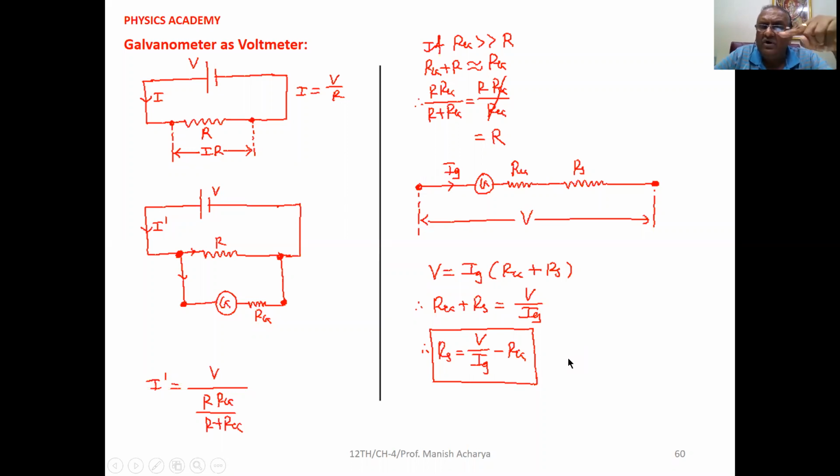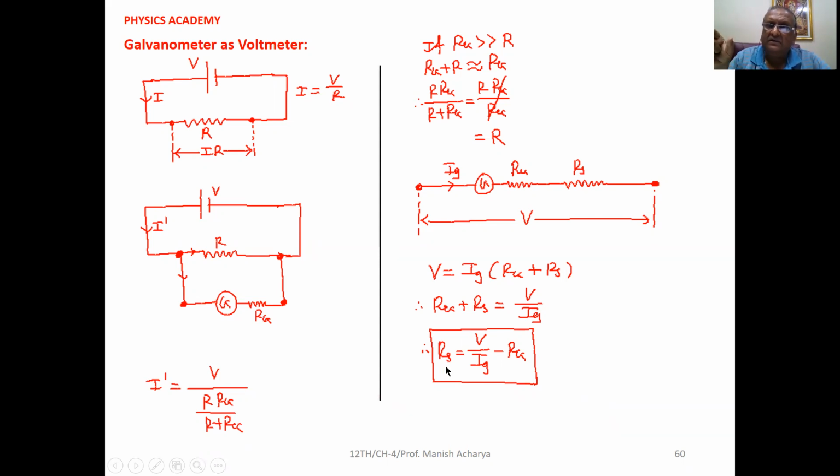Now you want to convert that galvanometer into a voltmeter which can measure a maximum of 10 volt. Then you substitute V equal to 10 and solve this equation. You will get the value of Rs.